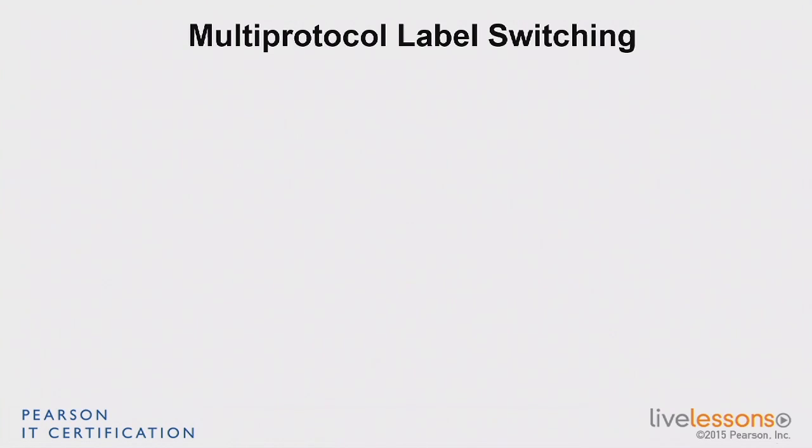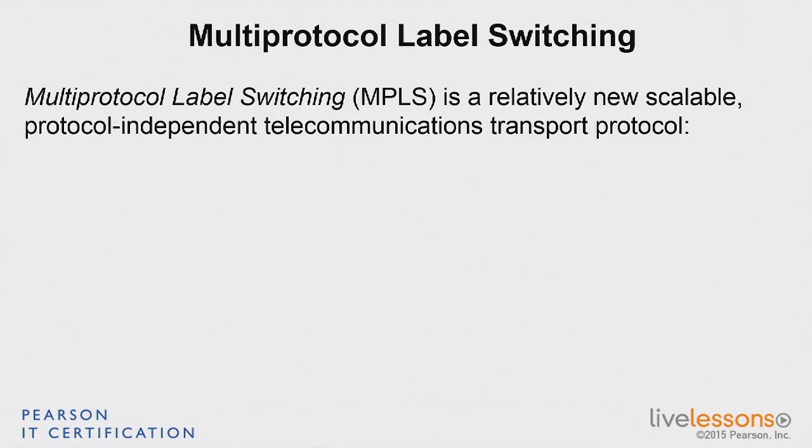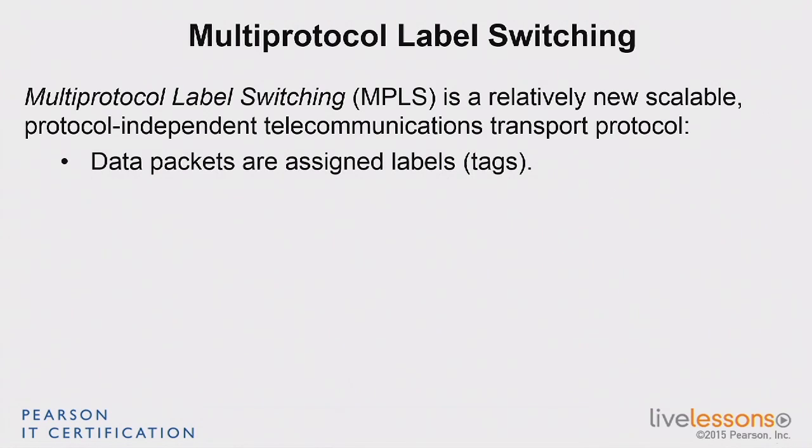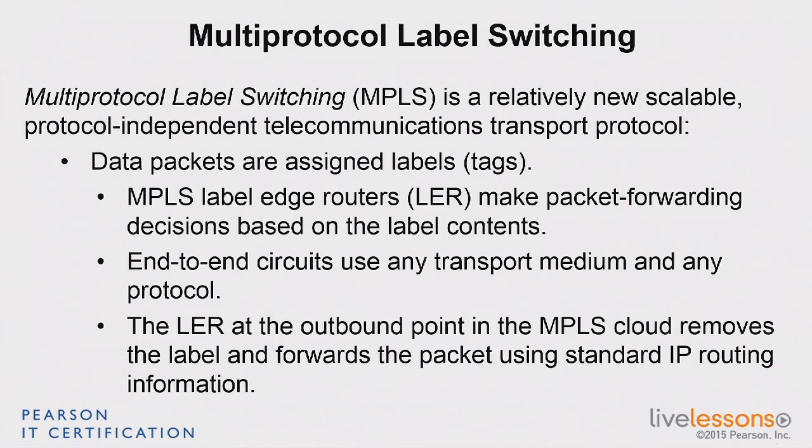Multi-protocol label switching is also known as MPLS. And MPLS is a relatively new, scalable, protocol-independent telecommunications transport protocol. Now, what's really interesting with MPLS is that data packets are assigned labels or tags. We have MPLS label edge routers, known as LERs, that make packet forwarding decisions based on the label content.